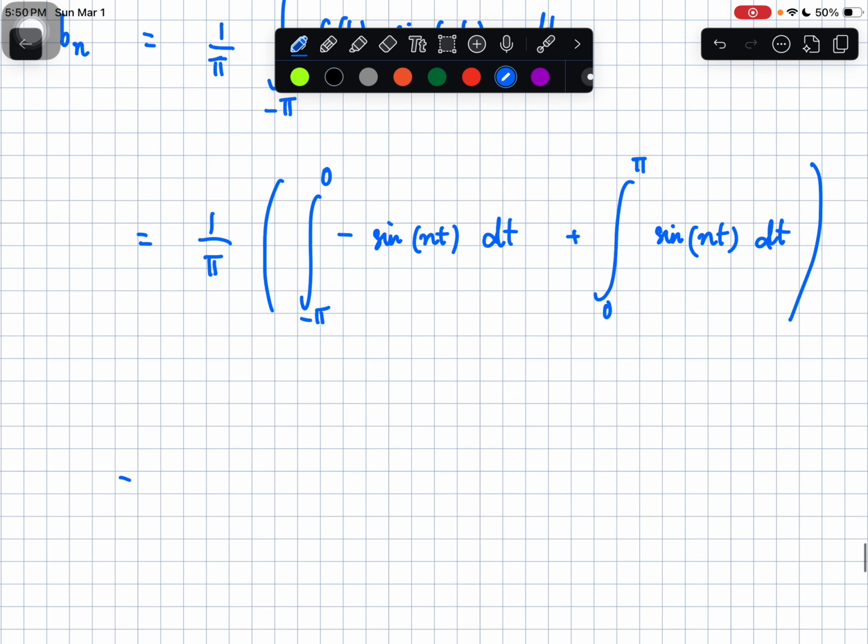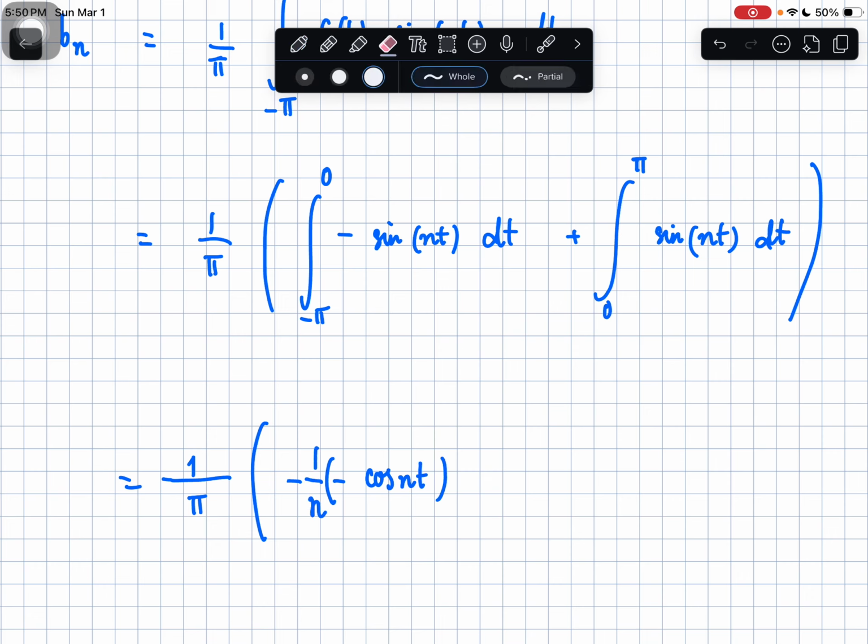For the first term, you have minus, so it is minus cosine nt, and you have 1 divided by n. So minus minus, we have positive 1 over n cosine nt. This is for this first term.